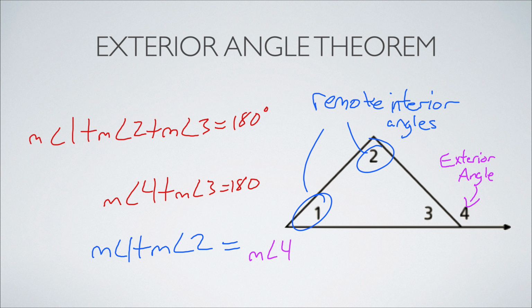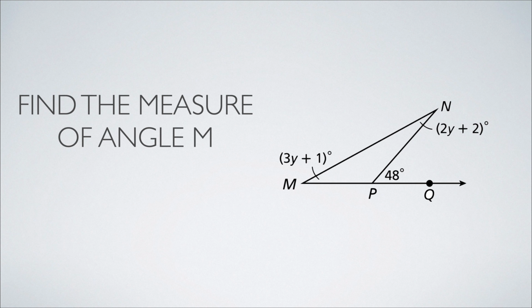So there we go. The sum of the measures of the two remote interior angles is equal to the measure of the exterior angle. So let's try that out.